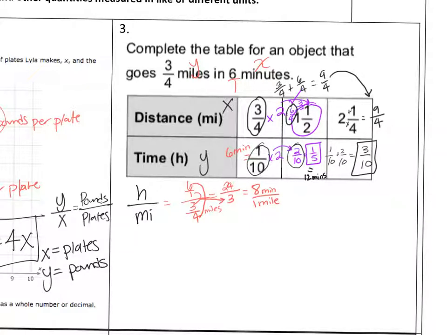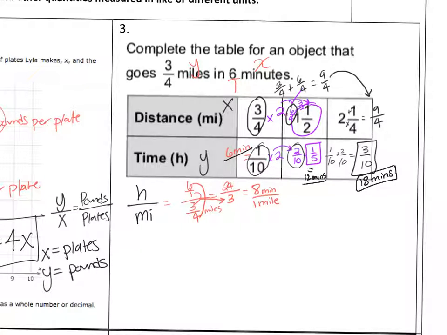And that makes sense. Let's double 6 minutes, we get 12 minutes. And the last term, if we add 6 minutes plus 12 minutes, that's 18 minutes. So in 2 1/4 of a mile, that would take you 18 minutes, right?